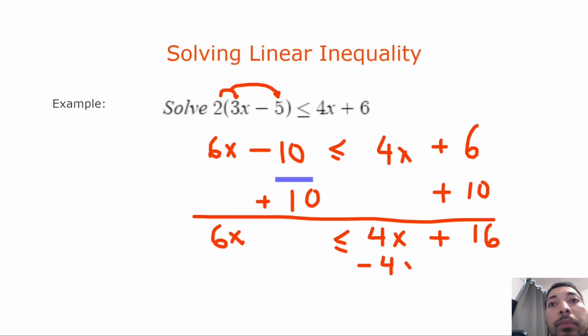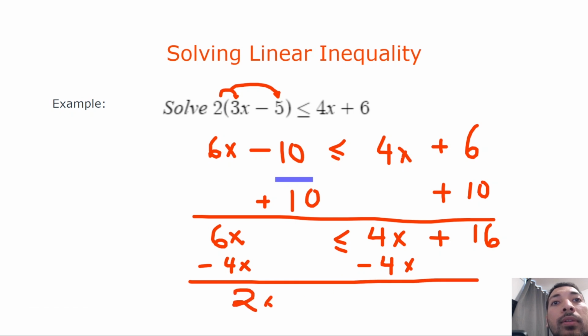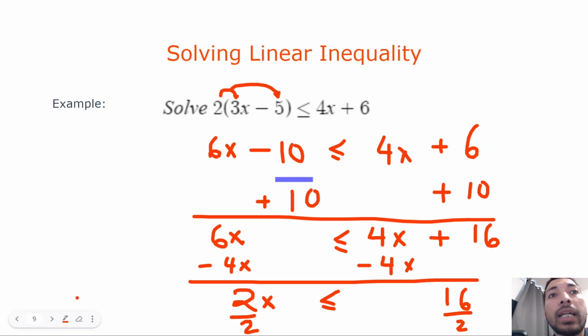Subtracting by 4x, we get 2x less than or equal to 16. Now we divide both sides by 2. We get x less than or equal to 8. This is how we solve this multi-step inequality.